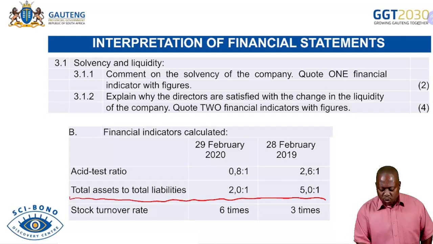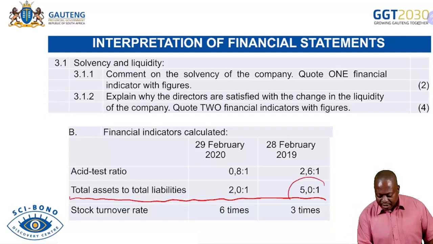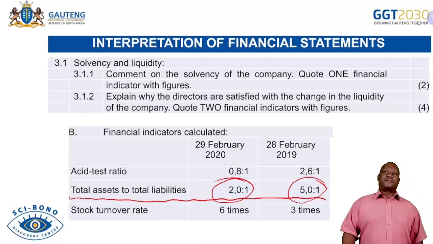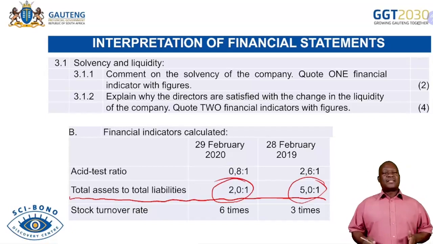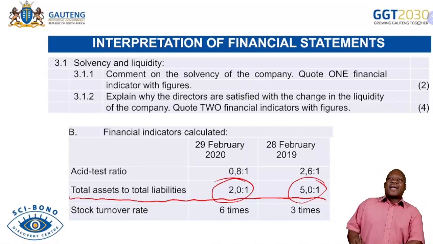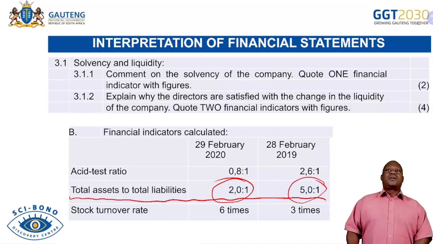You are looking into solvency in 2019 versus solvency in 2020. So you are going to just tell the examiner that the total assets to liabilities ratio declined, decreased, changed from 5:1 to 2:1. That should be very clear. So that's what you are just doing.